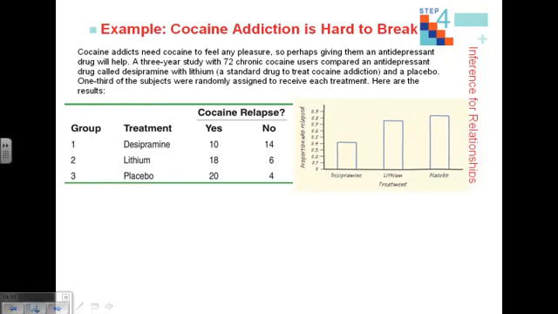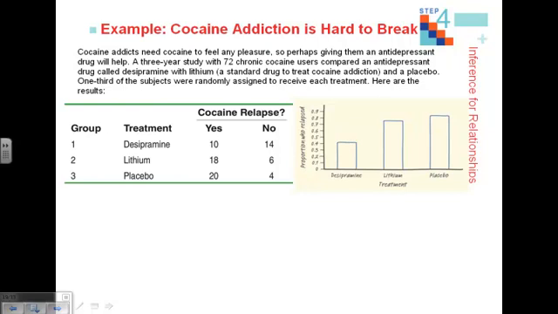I think in this case it's cocaine users. So we've got a bunch of cocaine users that all want to not be addicted to cocaine. So we're going to do an experiment. We have a new treatment. I'm really bad at drug names. I think this is disaspramine. At least that's a good enough guess as far as I'm concerned.